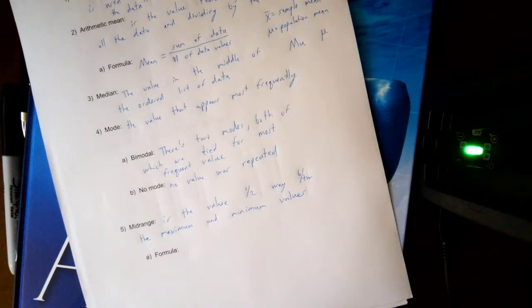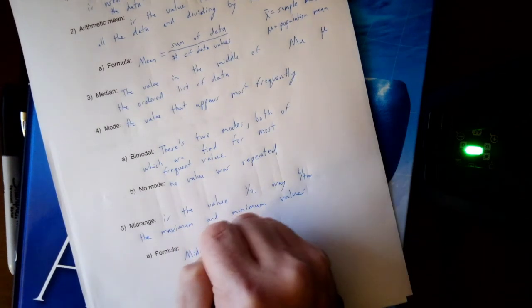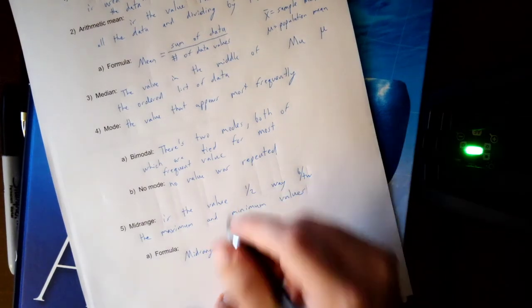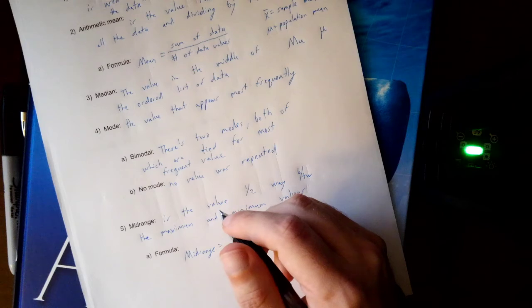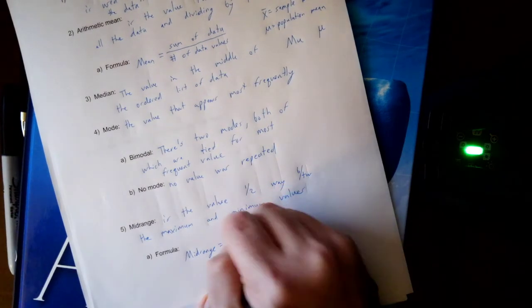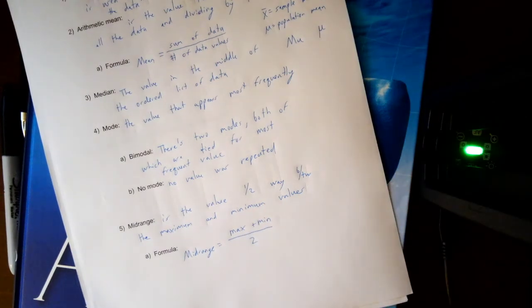The formula for mid-range is mid-range equals the max plus the min, divided by 2. You add the maximum value to the minimum value and you divide it by 2. What number is halfway in between them?